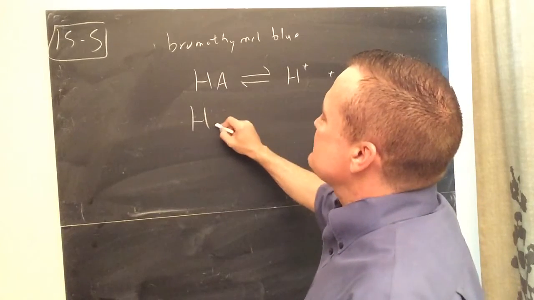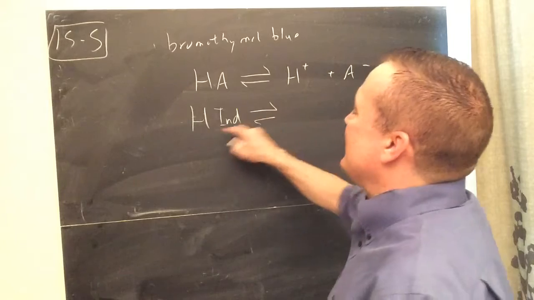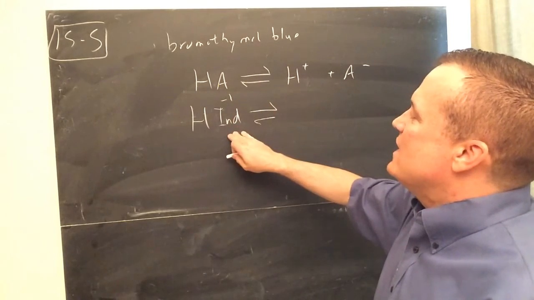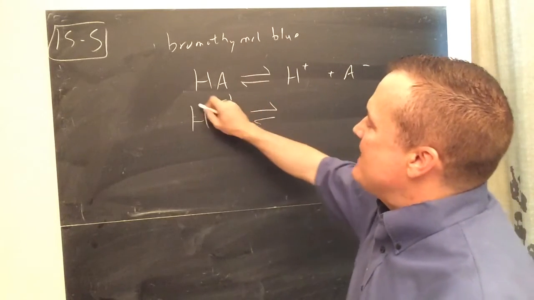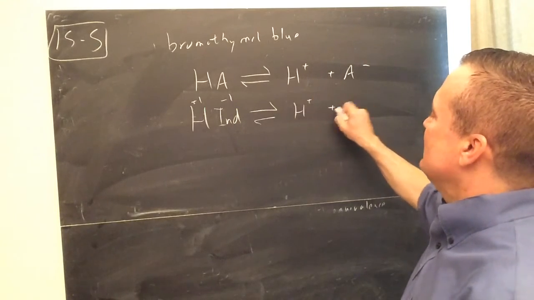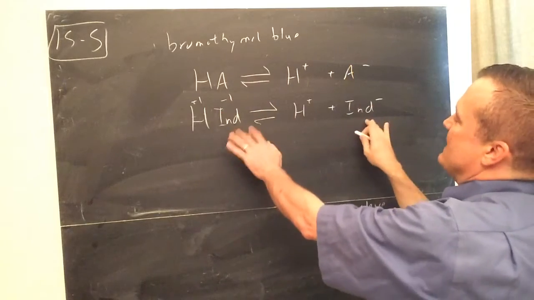Well, sometimes I like to write HInd. This would be the indicator acid, and that would be the indicator anion, and it would break up into H plus and Ind negative. This is the same as the top. It's just we're doing that with the indicator.